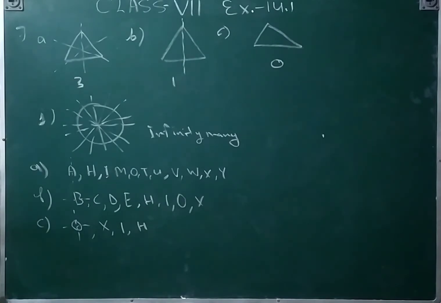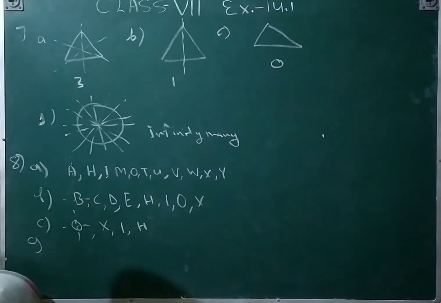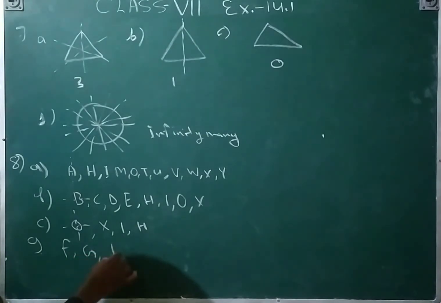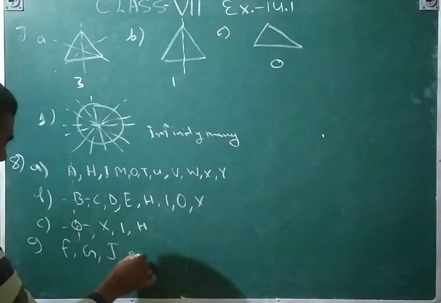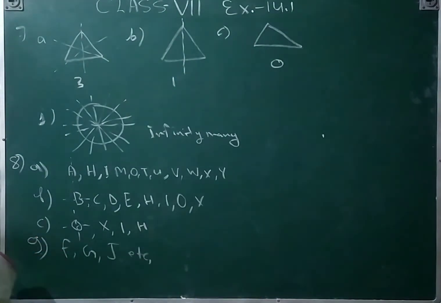9th question, give 3 examples of shapes with no line of symmetry. That is the 9th question. No line of symmetry, that will be F, G, J, etc. And then 10th question, what other name can you give to the line of symmetry in an isosceles triangle?